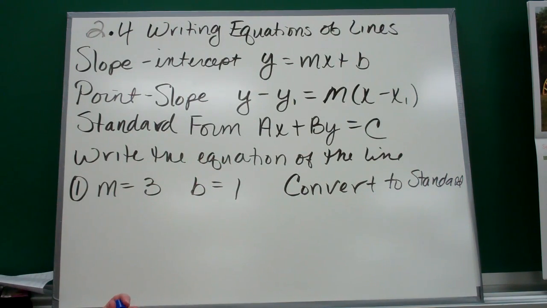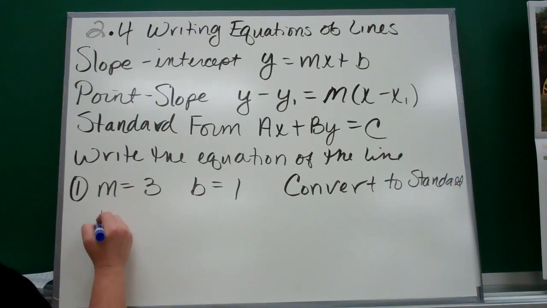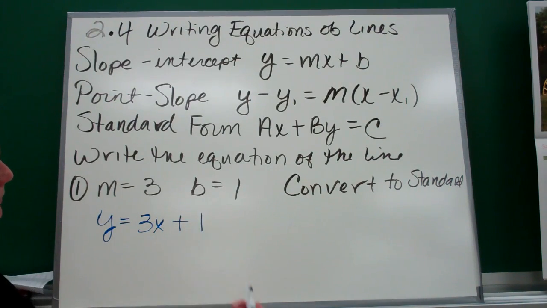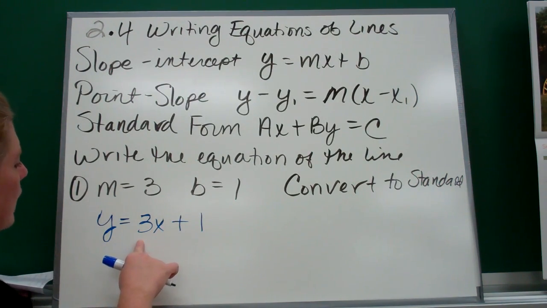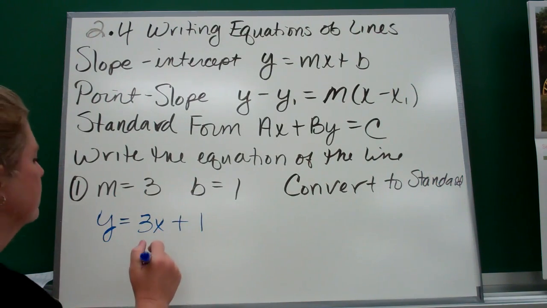Okay, here we go. If given the slope and the y-intercept, that is ideal and by far the simplest. We just plug in for m and b. y equals 3x plus 1. To convert to standard, we just subtract the 3x, or even better, because we don't like to have a negative coefficient on the leading term, we can subtract the y and subtract the 1.